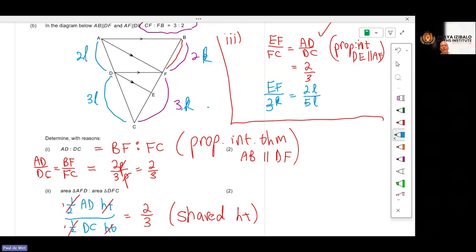Okay. So I'm just worried about this EF as to 3K. Then you said that is 2L as to 5L. Okay, yes, okay. So then what?